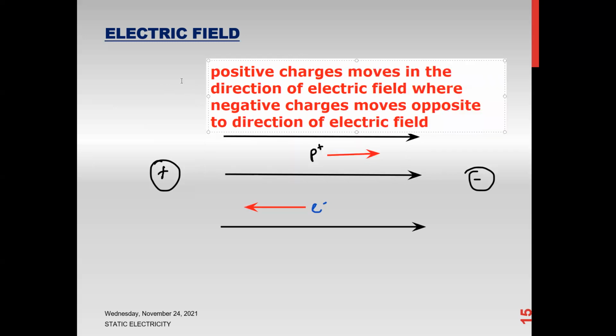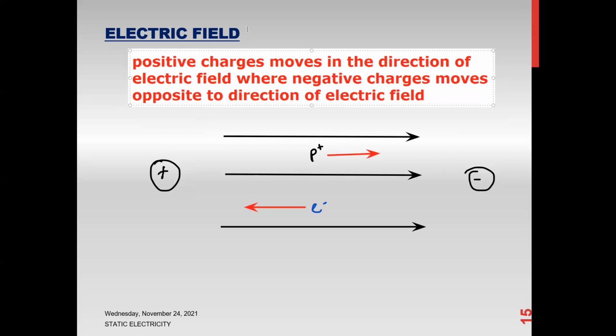So whenever you have a positive charge, it will always move the same as the direction of the electric field. And when you have a negative charge, it will always move opposite to the direction of the electric field.